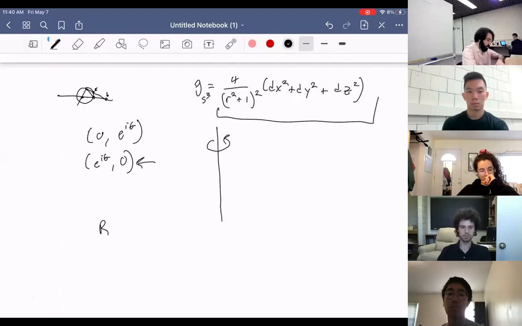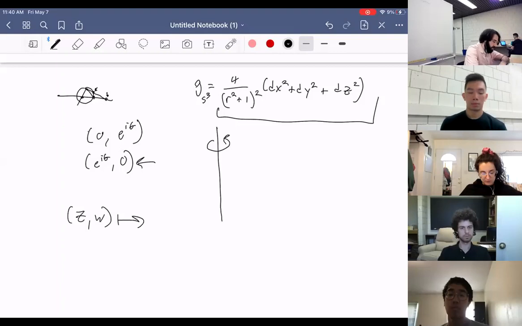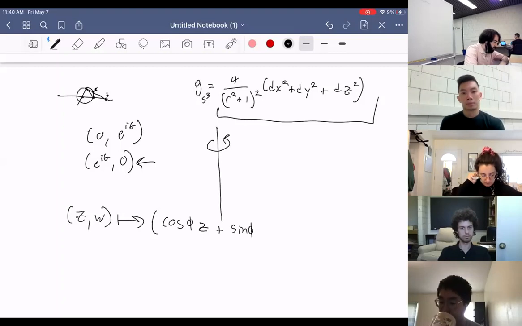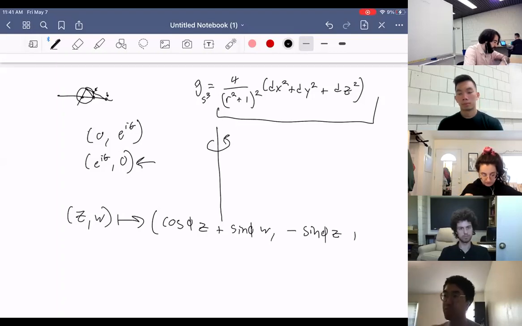Let's say we have a rotation which takes z, w to cosine phi z plus sine phi w, and w to minus sine phi z plus cosine phi w.